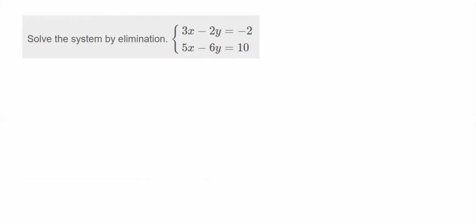Solve the system by elimination. 3x minus 2y equals -2. 5x minus 6y equals 10. Again, check to see if your variables will cancel each other when they add up. Well, for one thing, I do see that they are of the same signs, right? 3x, 5x, same sign. They're not going to cancel. -2y and -6y.